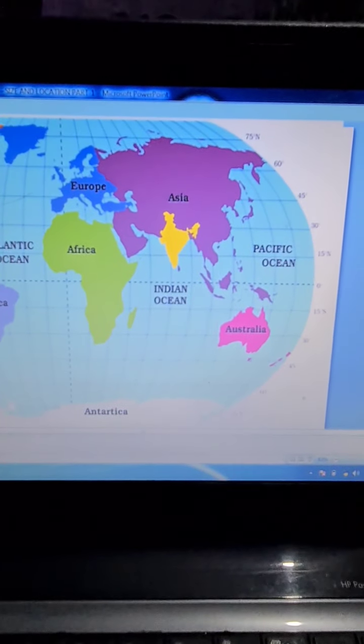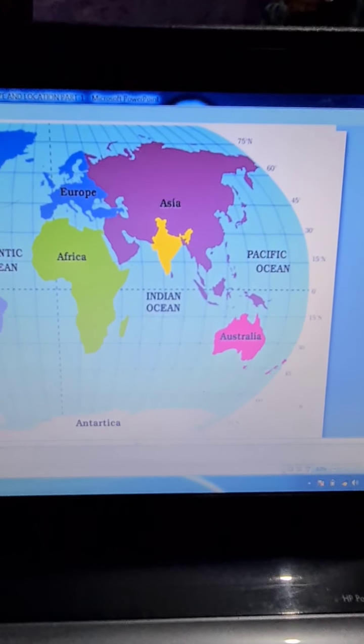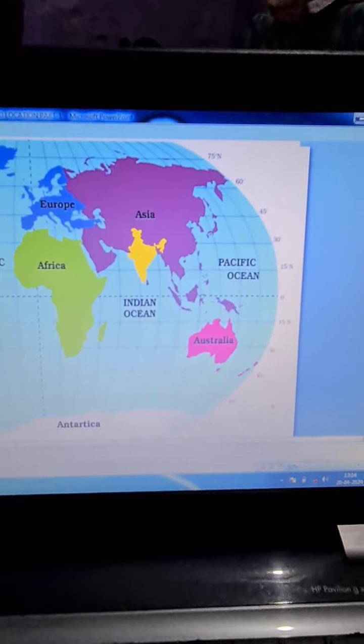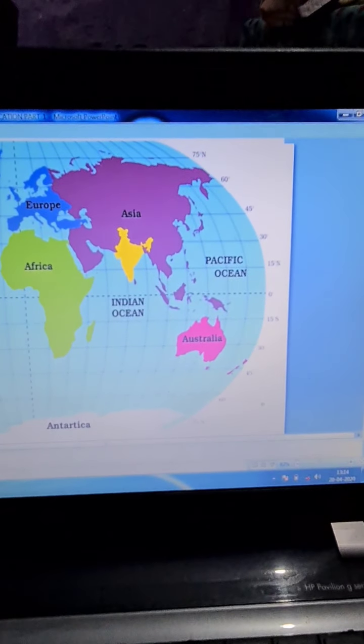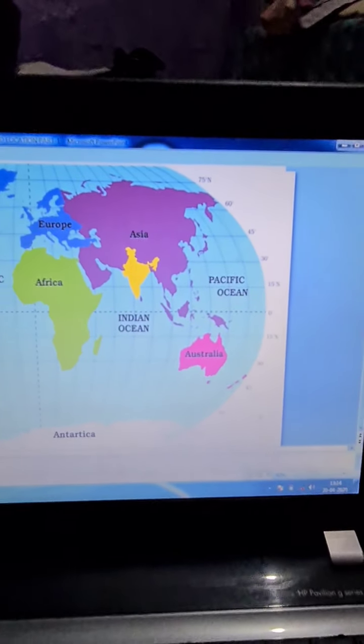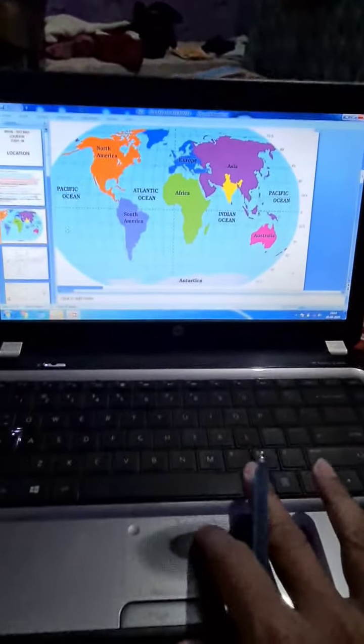So according to the picture, you can say that India lies entirely in the northern eastern hemisphere. And in the context of the Asian continent, India lies in the south of Asia.